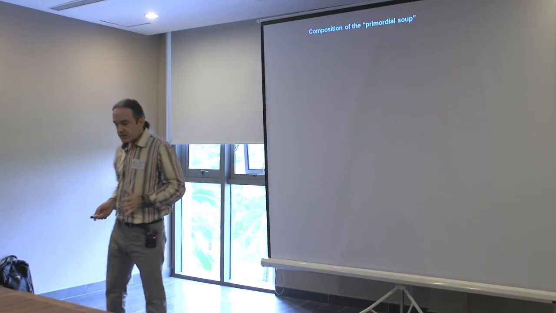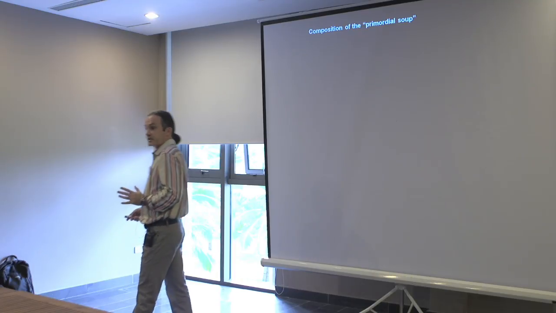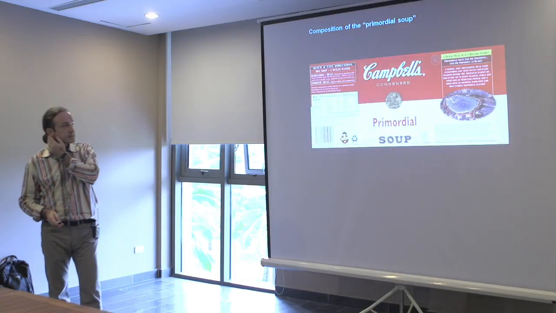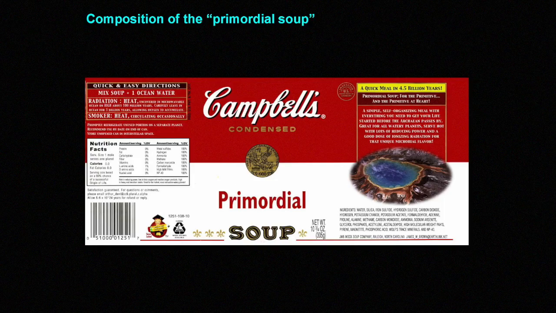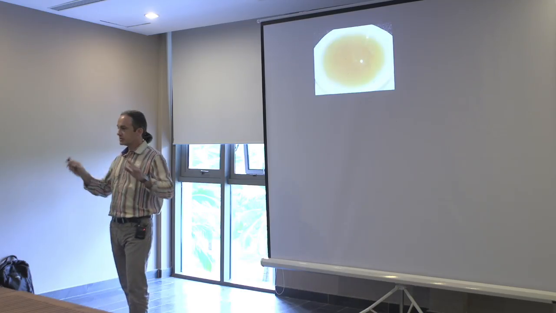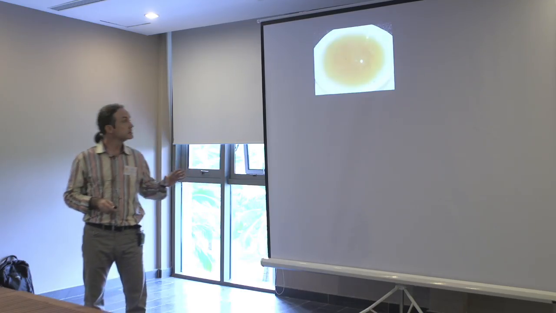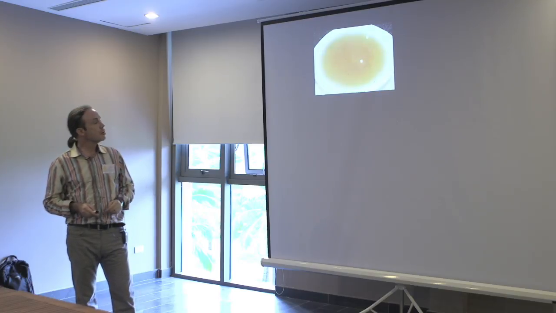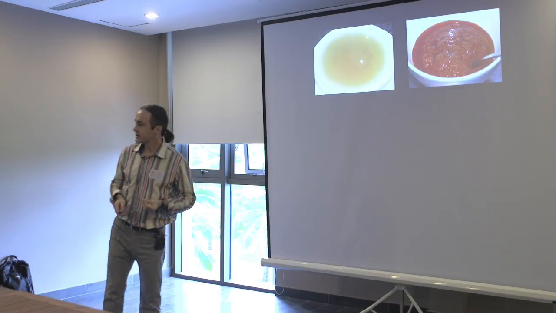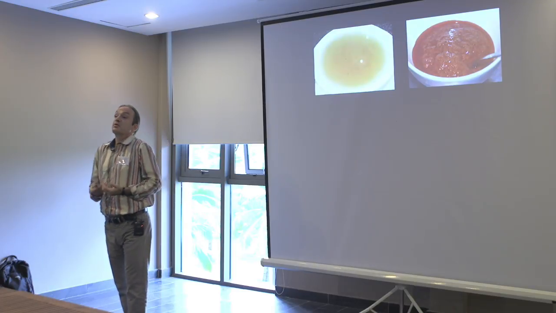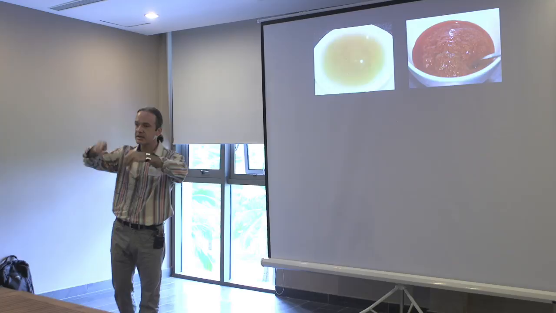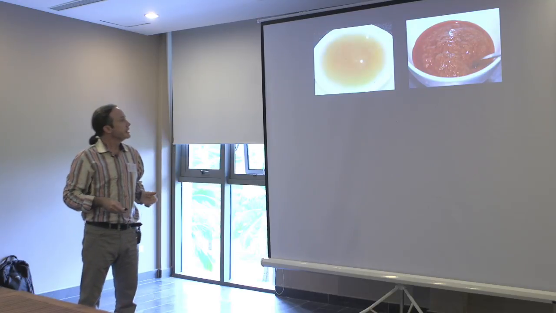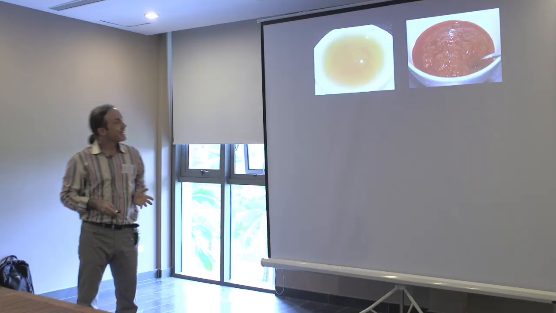So, an open issue is the composition of the primordial soup, because every scientist has its own recipe for the primordial soup. You can put the ingredients you want in the primordial soup, okay? In particular, you can think about a very diluted soup, water, some oil, a limited number of components, or you can promote a more compact, rich soup, perhaps with minerals, with surfaces, with a lot of things inside, perhaps more tasty, okay?